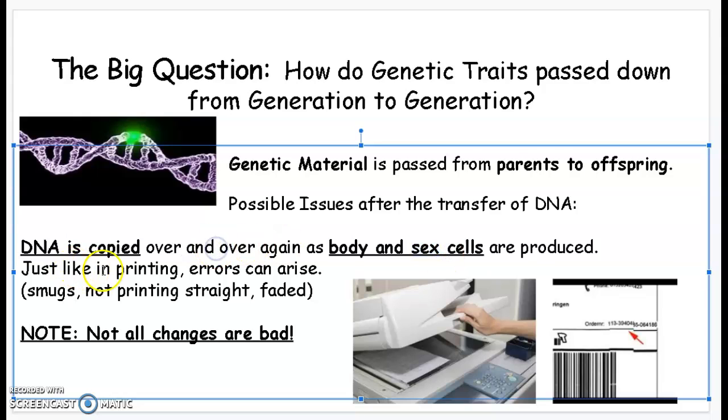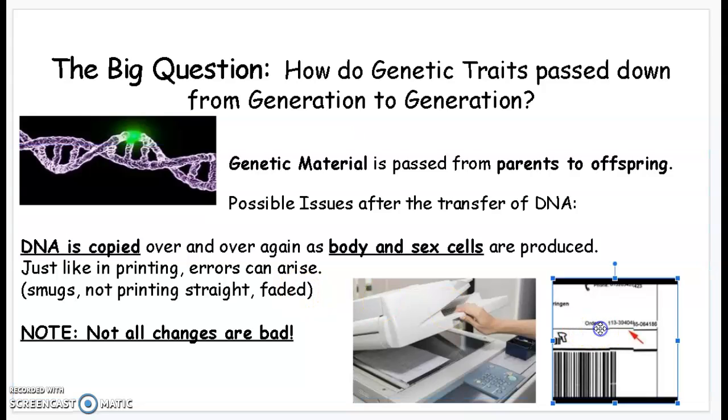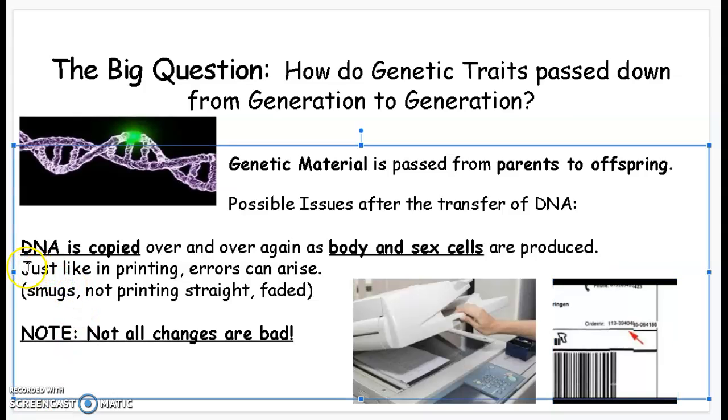And so, just like when you use a photocopier, a copy machine, errors will appear. So right here in this example, this line is not a straight line, so there's a slight little error that was made. And so in there, just like printing, errors can arise. Same thing in DNA. As you make more and more copies of DNA, errors will happen, changes will happen.